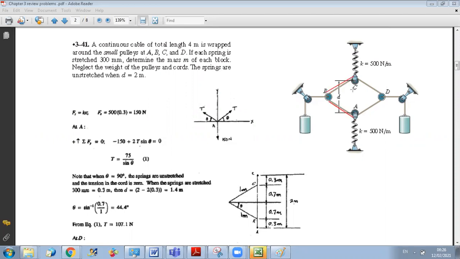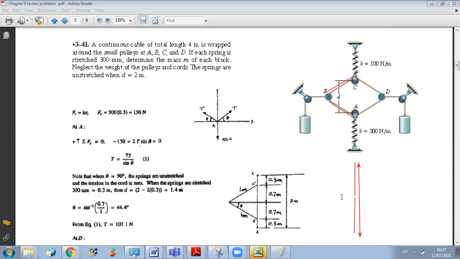To have a total distance separating A and C equal to 2, the two cables BC and BA should be aligned. Okay, should be along the same line, because in this way you will have 1 plus 1 as the distance separating C and A. So the only possibility to have a total distance separating C and A equal to 2 meters is that the cables should be aligned. Therefore, B and D should be at the center.